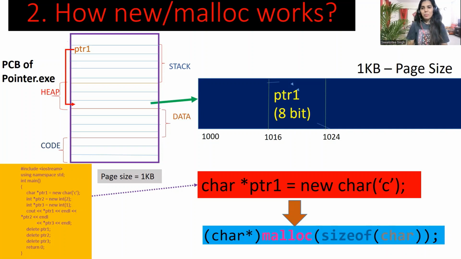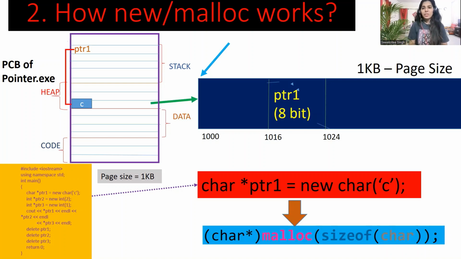Basically, it is the memory allocated to the character that is pointed to by ptr1. And in this memory, the value assigned is c.